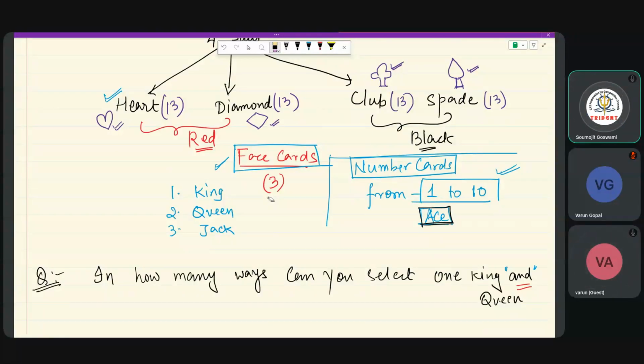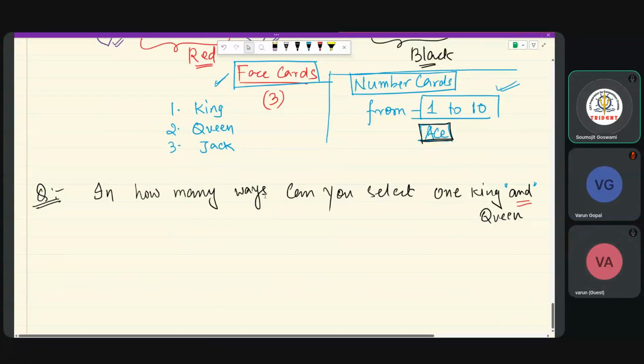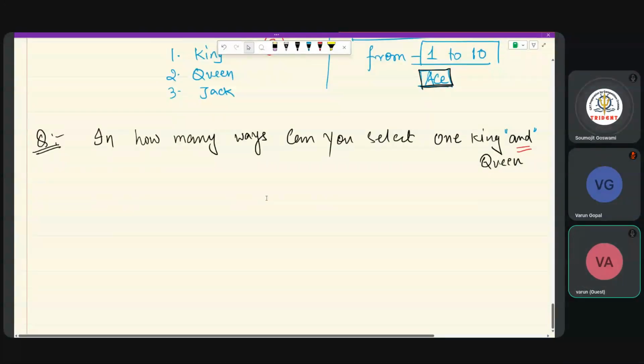Now listen to the answer. The question basically asks you to select one king and queen, and there will be a multiplication in between king and queen. But the first thing is selecting one king. How do I select one king? Is the answer 52C4 into 52C4?